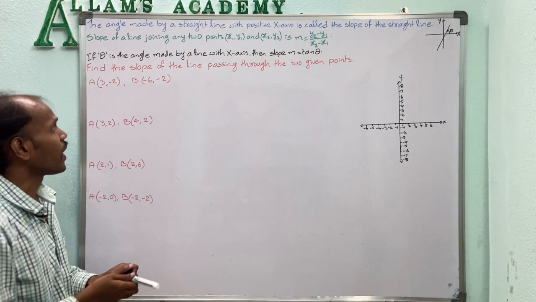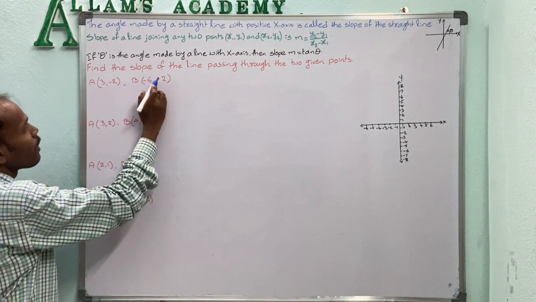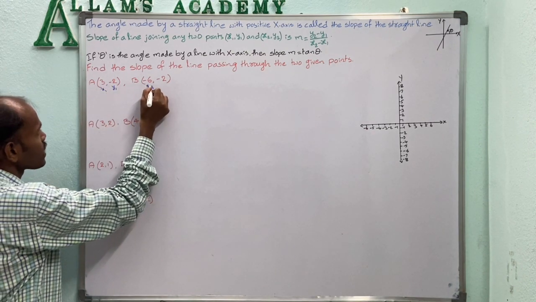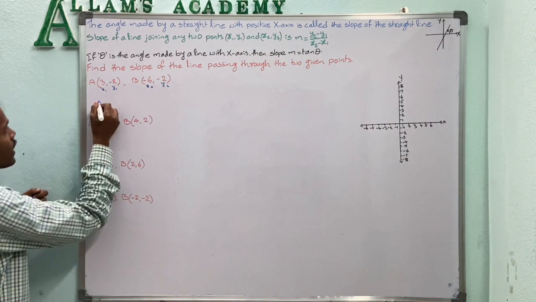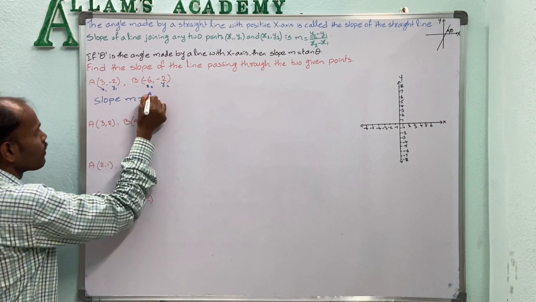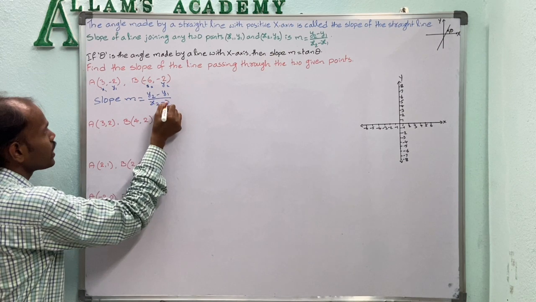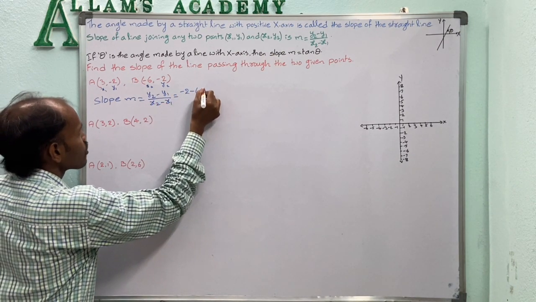Now finding the slope of the given points 3, minus 2, minus 6, minus 2. So 3, minus 2 will be taken as x1, y1 and minus 6, minus 2 are x2, y2. Then the slope m is equal to y2 minus y1 by x2 minus x1. So here y2 is minus 2 and y1 is minus 2.